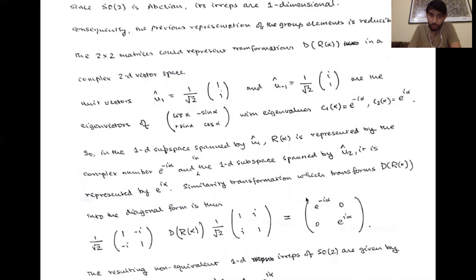So now there is going to be a 1D subspace spanned by U1, and in this subspace R alpha is going to be denoted by this particular complex number, which is e to the minus i alpha.